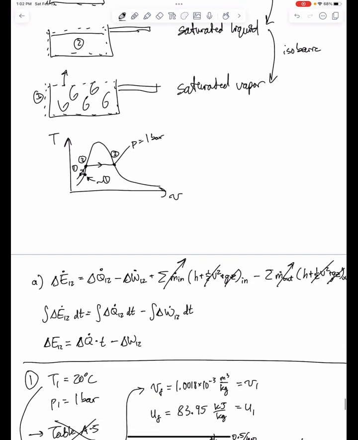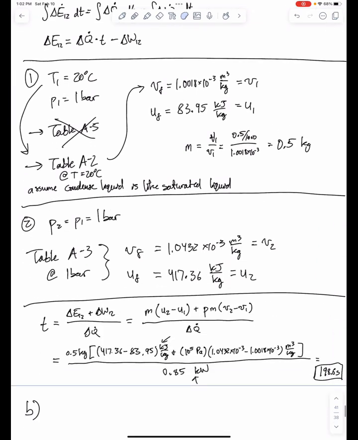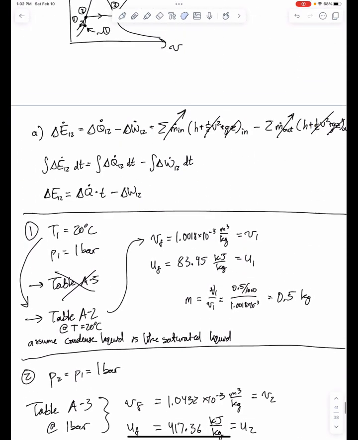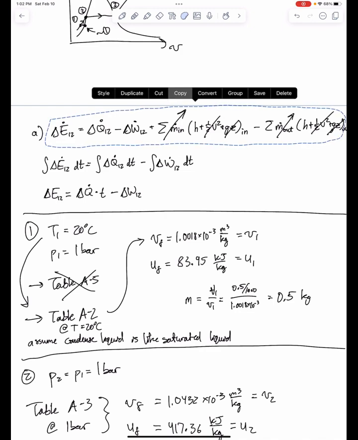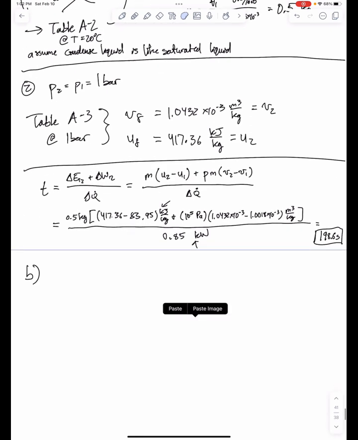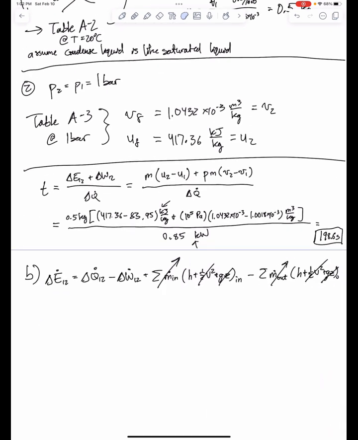All right. Let me just recopy our earlier equation real quick. I just watched the recording for the first part, and I speak really fast apparently. So I'm going to try speaking really slow and let's see if that helps or not. Okay, so there is a mass out. I have to consider this term now.